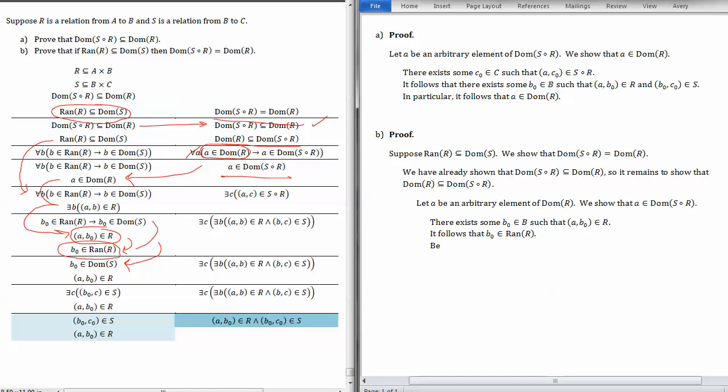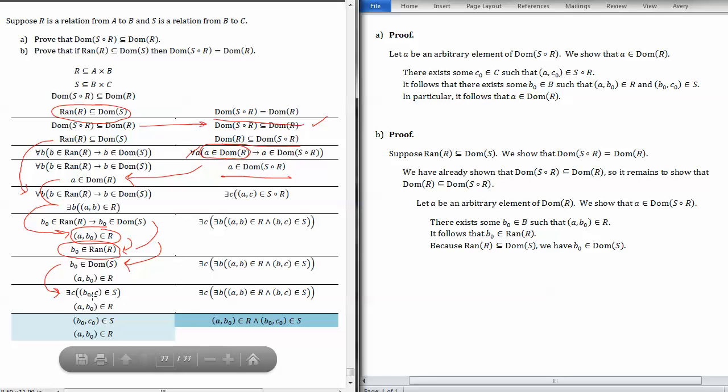So we will say because range of R is a subset of the domain of S, and because of what I wrote in the previous line that B naught is in range of R, we have that B naught is in the domain of S. Okay, good. And that means that there exists some C such that this is an S, and then when we do our instantiation, we get this.